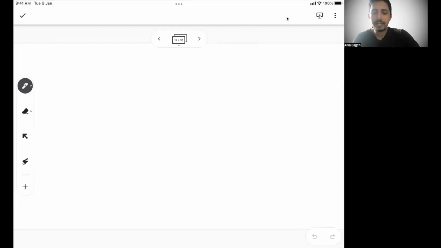Now finally, before wrapping up, there are a few models of LCM calculation. Note it down. So LCM.